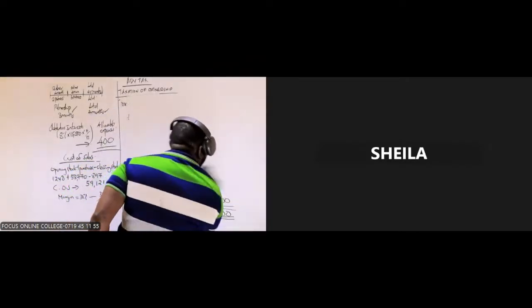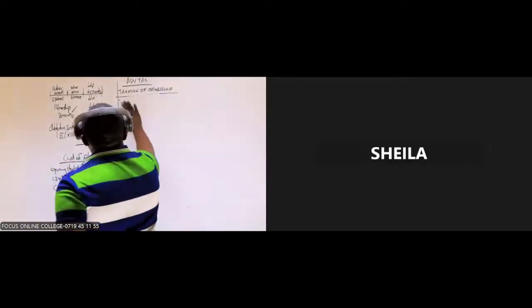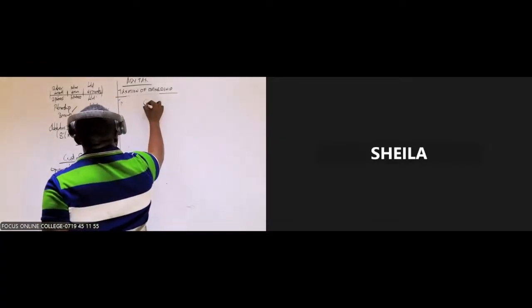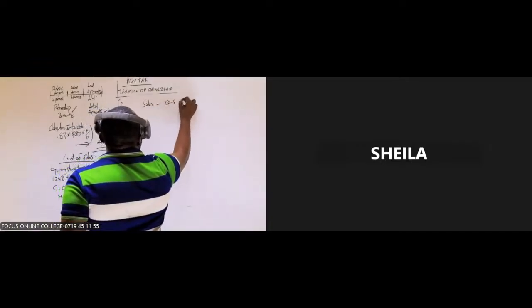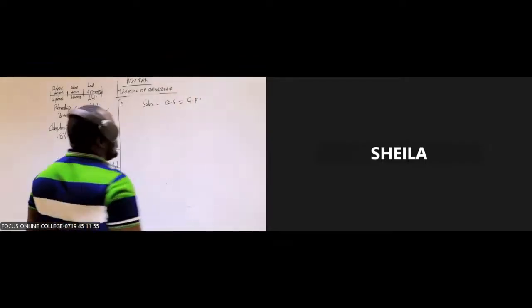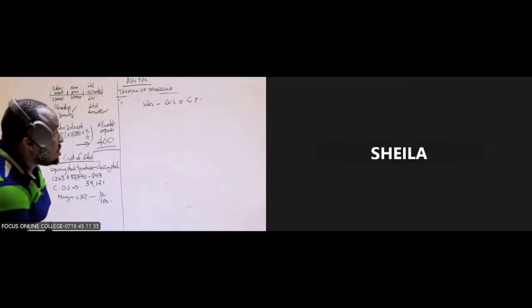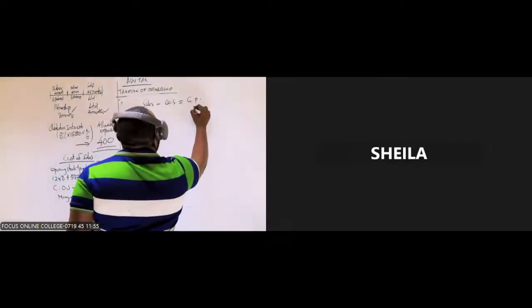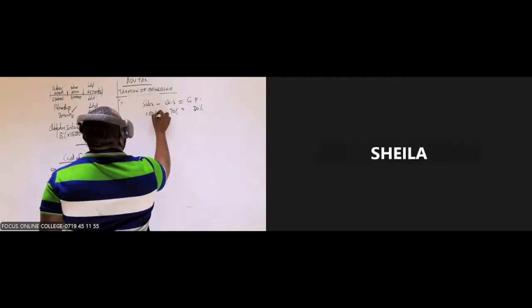Sales minus the cost of goods sold equals the gross profit. This is 30%, so the cost of goods sold should be 70%, and the sales is 100%.